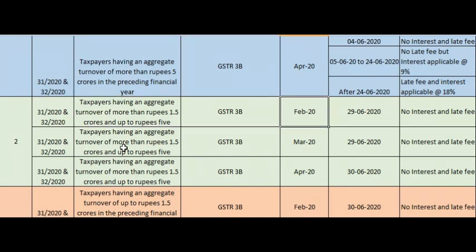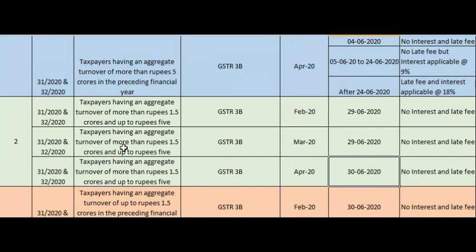Now coming on to the taxpayers who have an aggregate turnover of more than rupees 5 crores in the preceding financial year. In this case, if the GSTR 3B for the month of February 2020 is filed on or before 4th of April 2020, then no interest and late fee shall be levied.